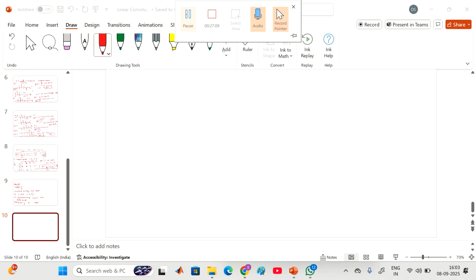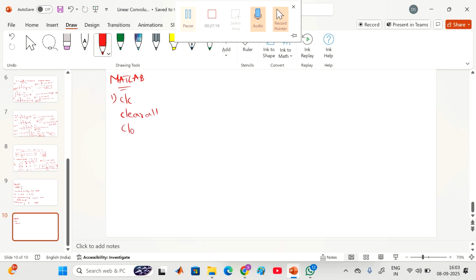Next, based on the algorithm, the MATLAB program. So CLC, clear all, close all.